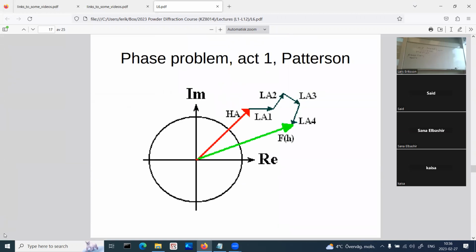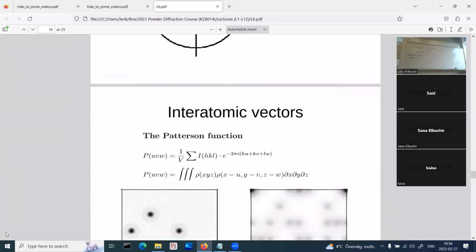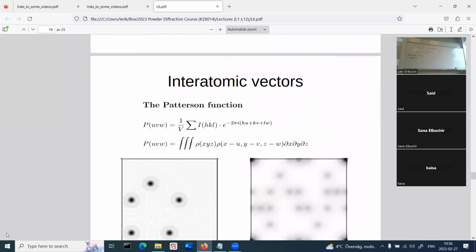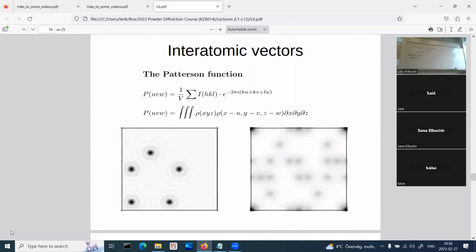To find this heavy atom position, we need to calculate something called the Patterson function. In principle, for a possible five-atom structure, the Patterson map looks like that. For example, the interatomic vector shows up as a peak here, and that vector shows up as a peak there.